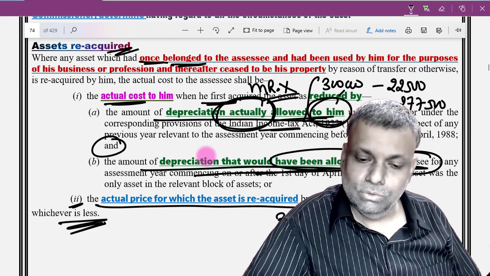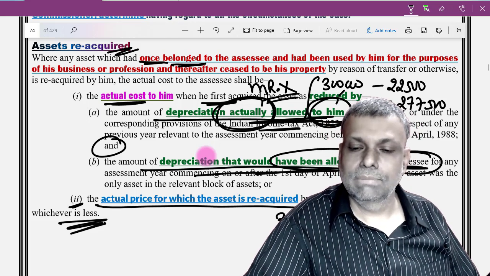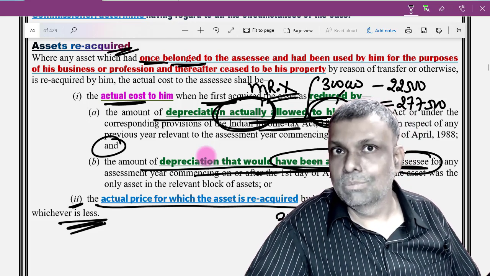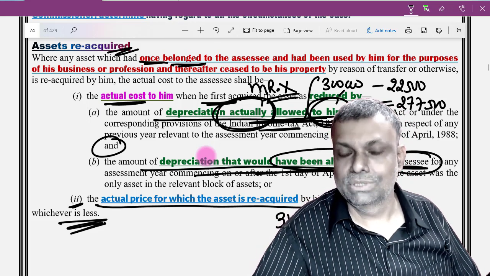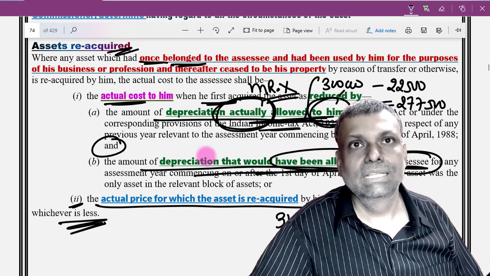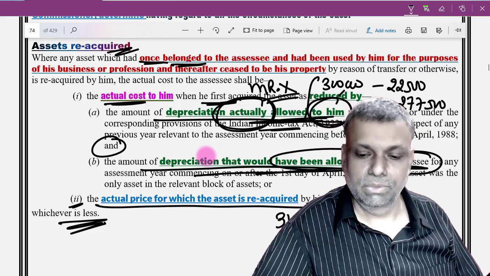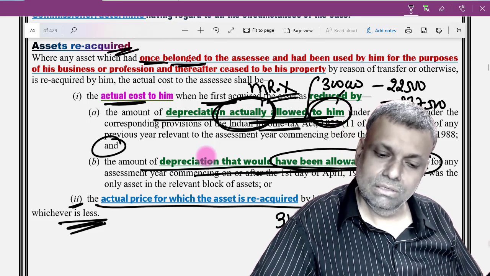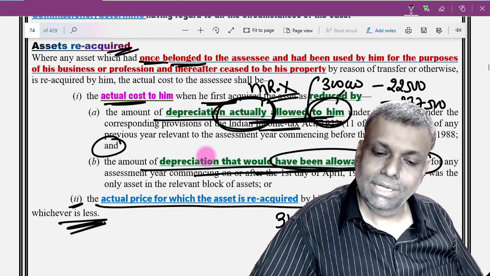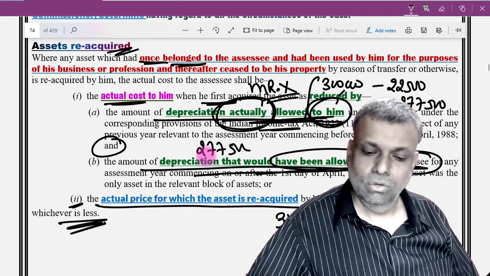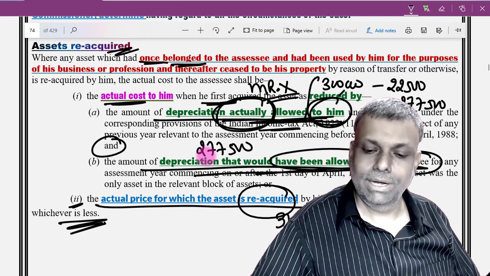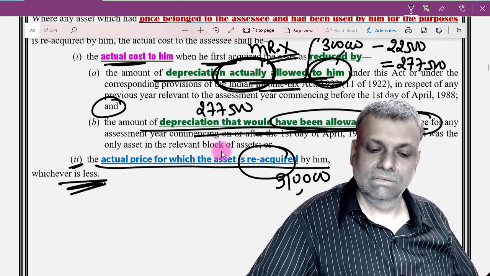So what was actually allowed to him? 3 lakhs minus depreciation, because in year number 2 he did not get any depreciation, since he had sold it to Mr. Y. In year number 1 only he got this much depreciation. So the price minus the amount actually allowed to him is going to be 2,77,500, or the price at which it has been reacquired, whichever is less.